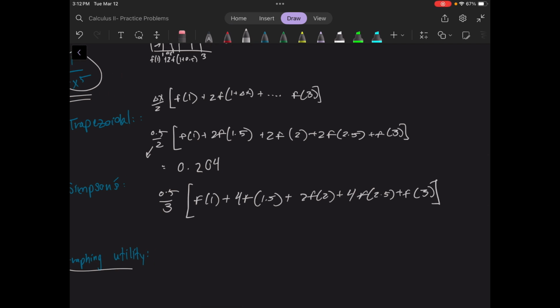So obviously, by changing this to a 4 and this to a 4, this entire thing increased, right? We made that bigger, but we accounted for it by, instead of dividing by 2, dividing by 3.